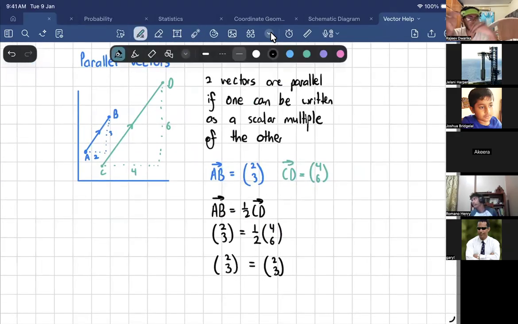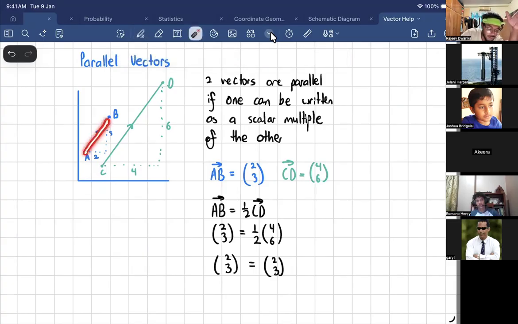Another way to think about this is, how many ABs would make up CD? 2. Everybody can see that, right? So it would take 2 ABs to make up CD. Akira, let me know if you're seeing that.